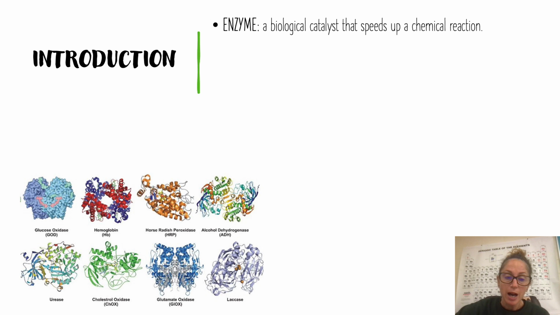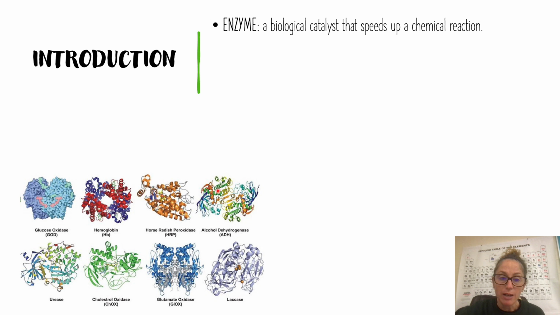Over here we have a bunch of examples of enzymes, some that are very common and very important in our cells. We have glucose oxidase, for example, and I'd like to show you their 3D structures and what they look like. This one here, we can see some alpha helices.